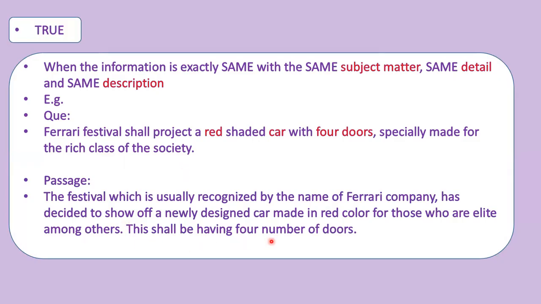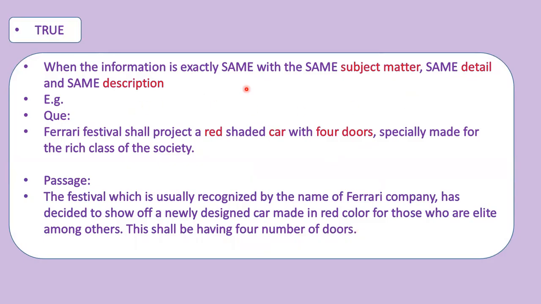This shall be having 4 number of doors. Here the information was edited within the sentence, and here they have given a full stop, and after that they have given an edit on the information: this shall be having 4 number of doors. It says 4 doors and it says 4 number of doors, which is quite the same thing, right?